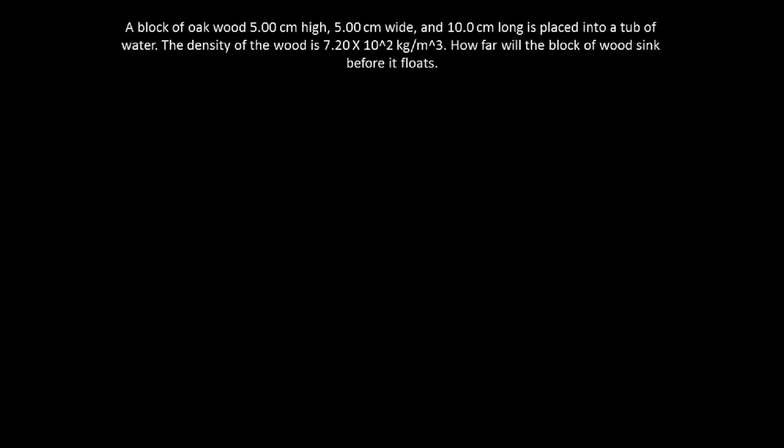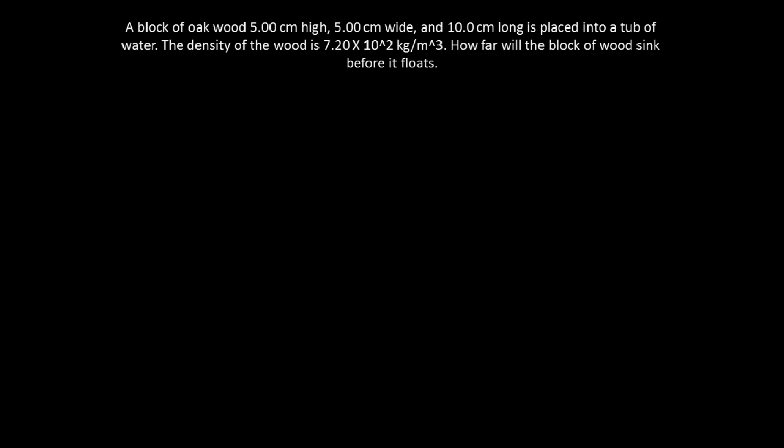The block of wood will float when the BF, or the buoyant force, which is the weight of the fluid displaced by the volume of the body submerged, is equal to the weight of the body.